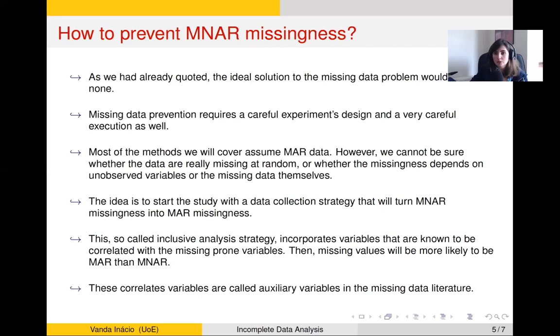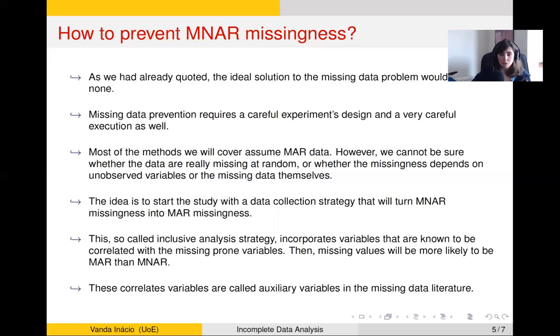Because if we do not include such variables, and if missingness depends on such a variable, we will fall in the situation where missingness is related to a variable that we do not measure at all in our data set. So it would be MNAR, but if we include such a variable, then the missing data can be said to be missing at random. These variables are called in the literature auxiliary variables.